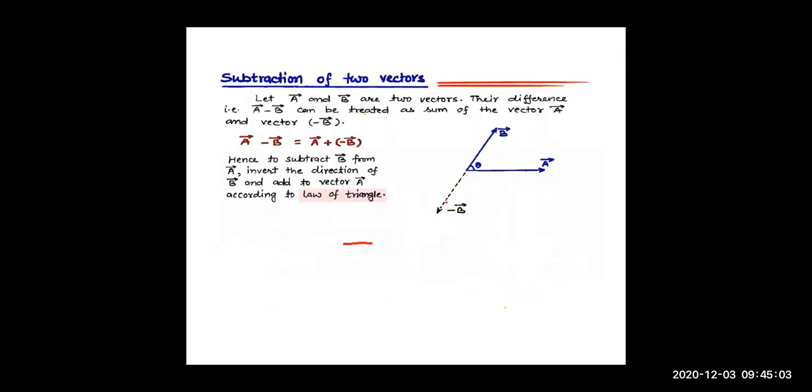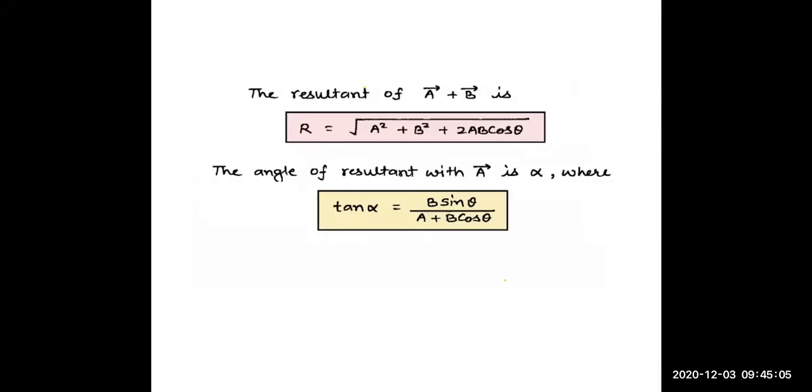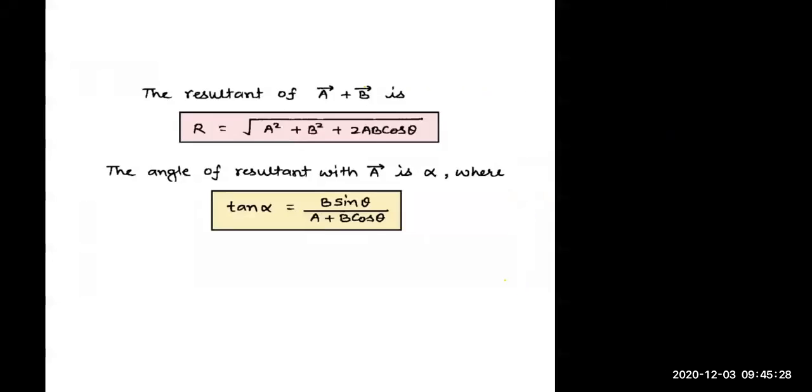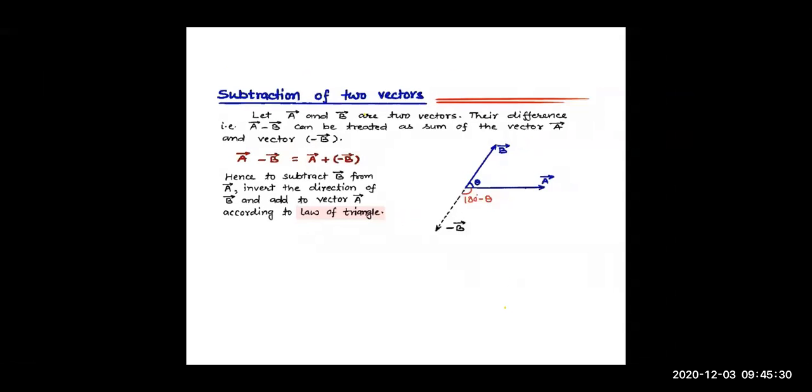So we know the resultant formula, by using the law of triangle, that is r equals under root a square plus b square plus 2ab cos theta, and we know the angle also, that is the resultant angle made between a and r, that is tan alpha equals b sin theta upon a plus b cos theta. Right, children? So let us try doing it.